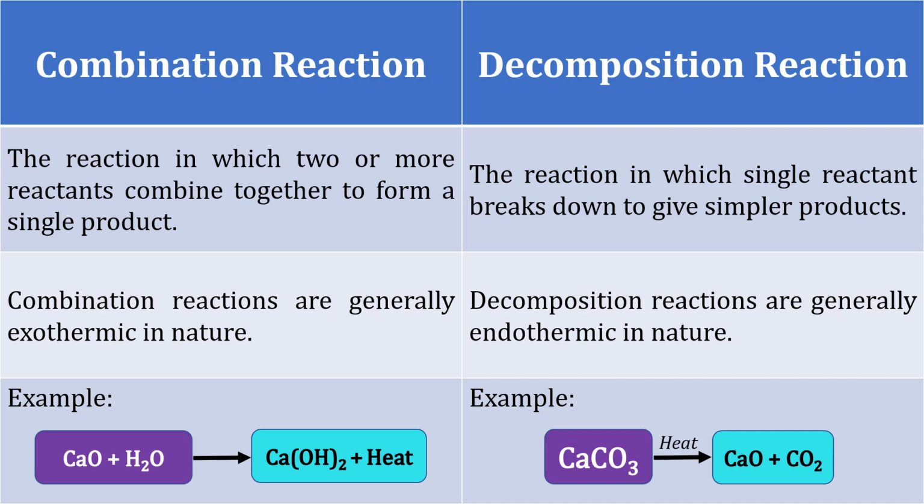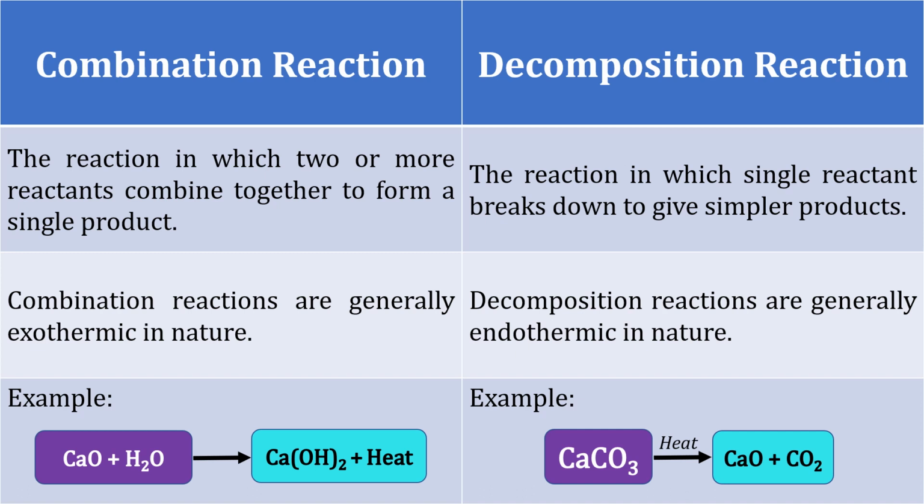A comparative study of combination reaction and decomposition reaction. The reaction in which two or more reactants combine together to form a single product is called combination reaction. The reaction in which single reactant breaks down to give simpler products is called decomposition reaction. Combination reactions are generally exothermic in nature.